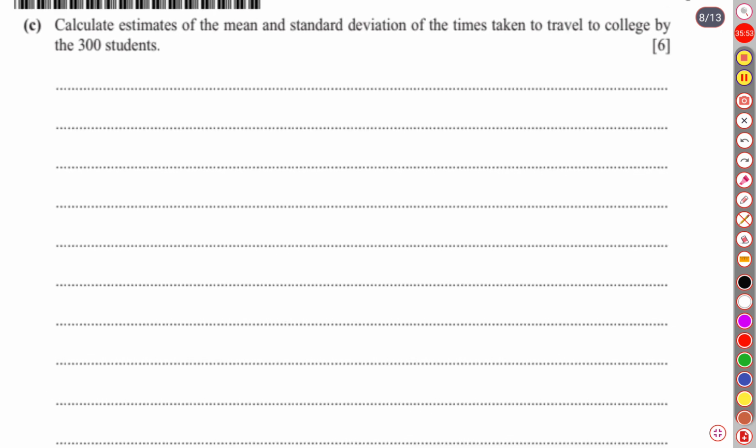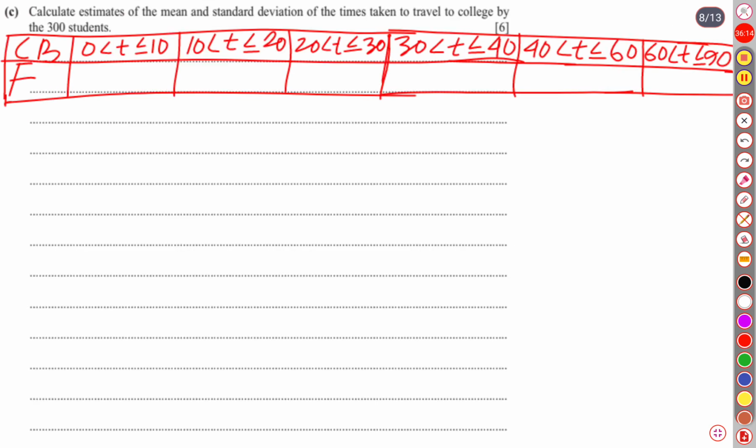For the mean, first we will have to prepare a frequency distribution table. So let us write first class bound and then frequency, not cumulative frequency. So this is the frequency distribution table.